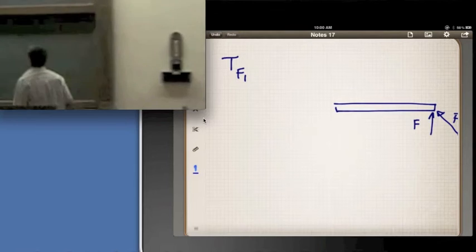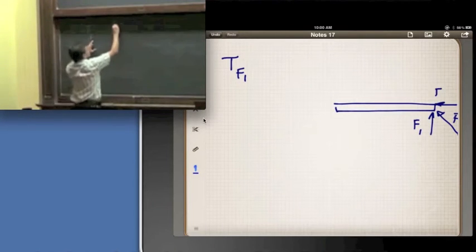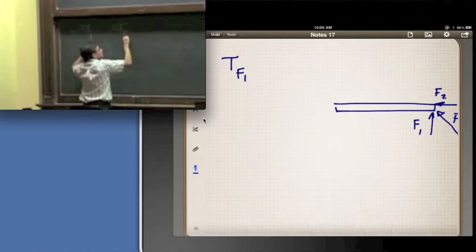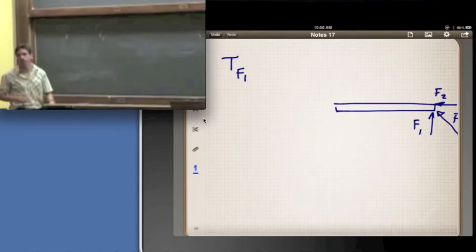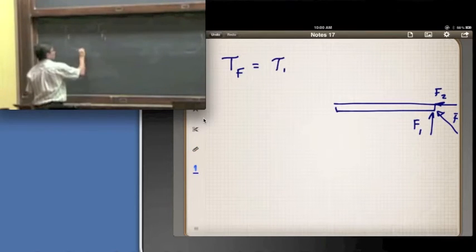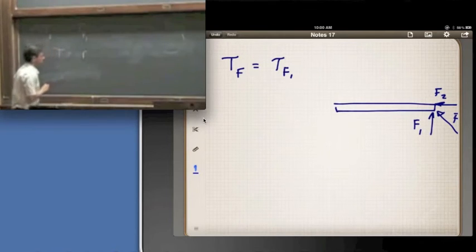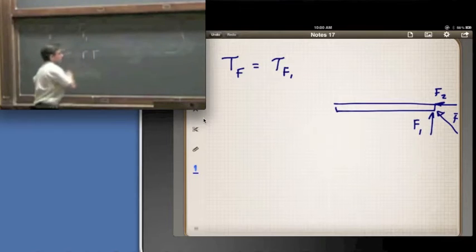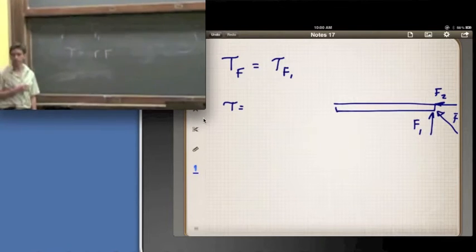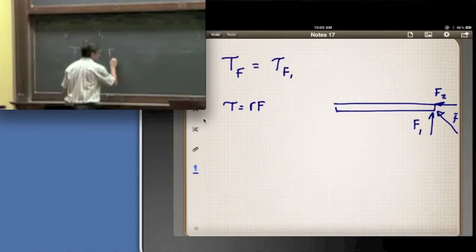So the torque of the force F is going to be equal to the torque of its component that is perpendicular to the vector r, because the other component has 0 torque. So the equation for torque, you can write it this way. You can say it's r times F, but not the whole vector F actually produces torque. It's only the perpendicular component of F that produces torque.